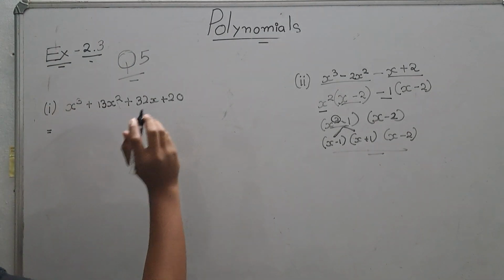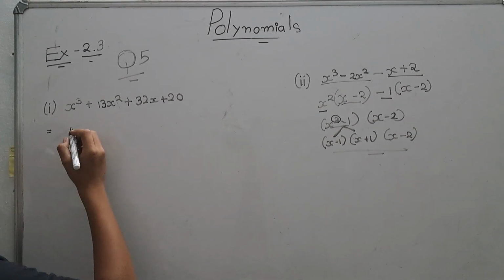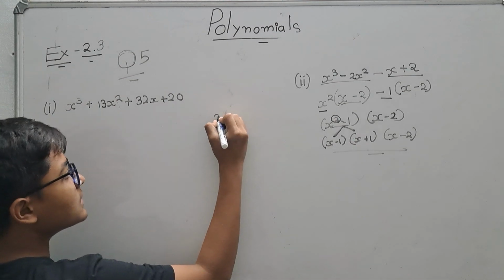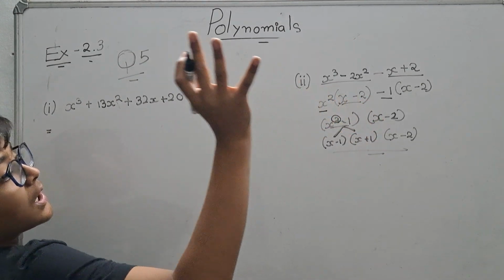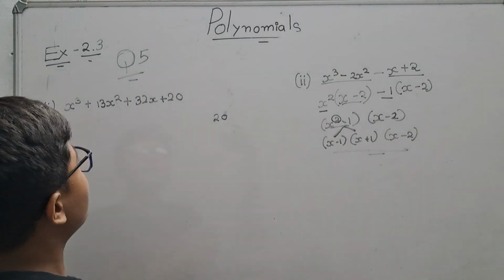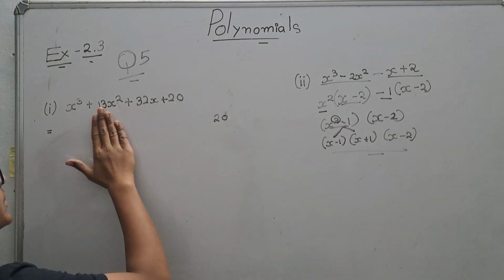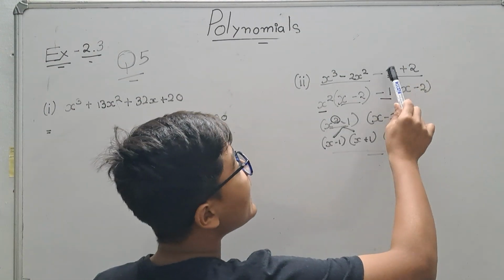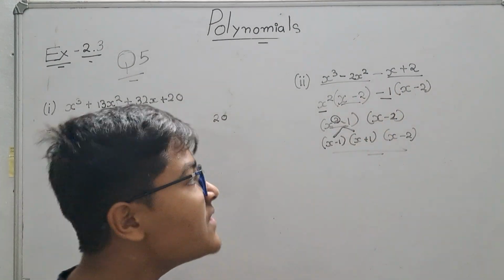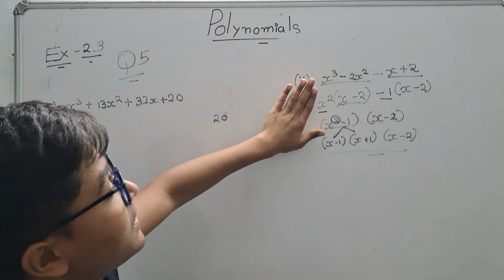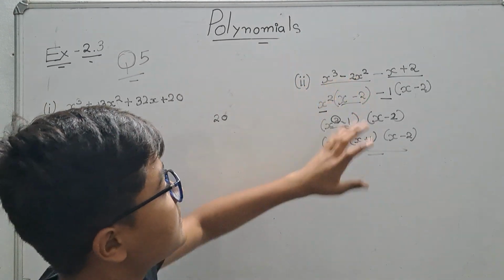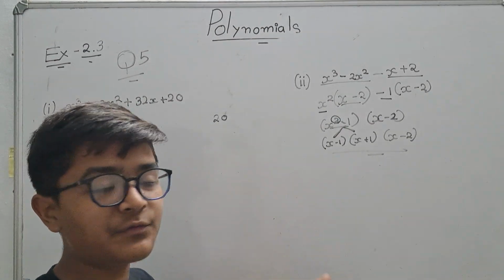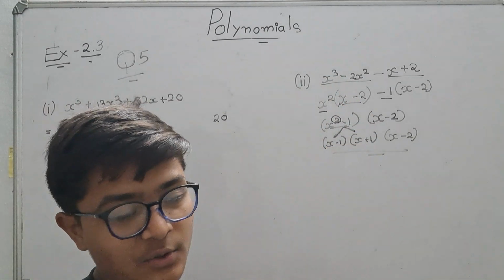Let's do the last question of this exercise. The remaining 2 I'm giving you as homework. First of all, start here. When the numbers are easy, you can see 20, 32, 13x, the different numbers are there, but here 2x, so you can easily factorize that, because the 2 and this 2 are both factors and can easily be factorized.